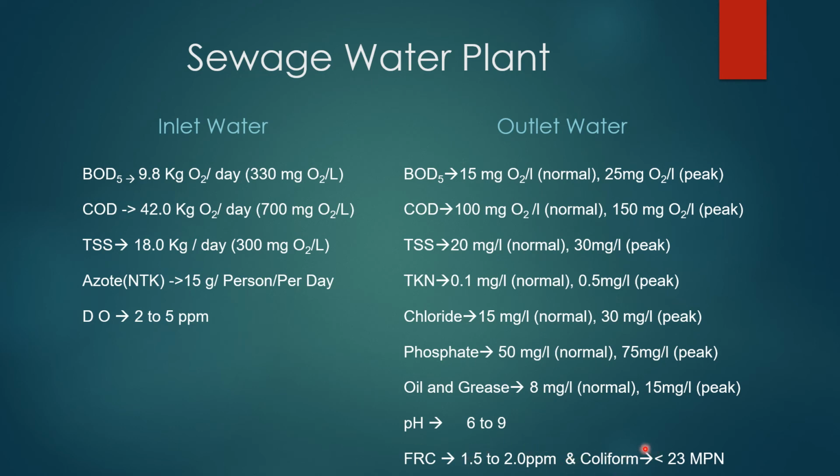This will kill the coliform or bacteria present in the water. In the outlet water, normally it should be less than 10. The maximum value should be 23 MPN, most probable number, in the sewage effluent after the treatment in the aeration tank and clarifier, followed by the disinfection in the chlorination tank.